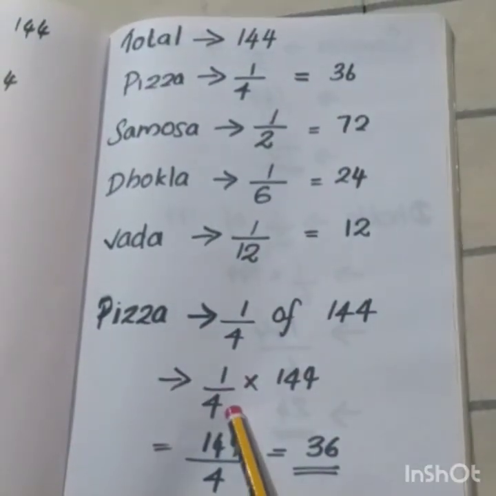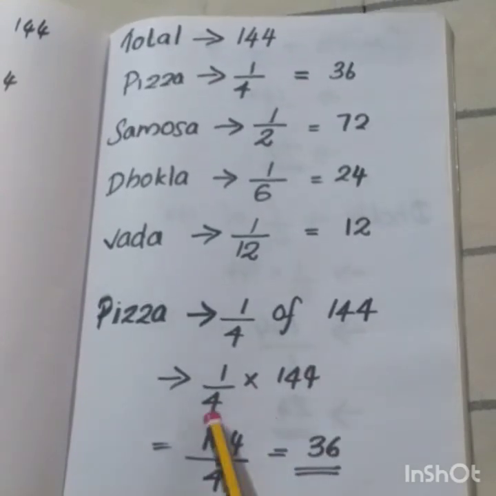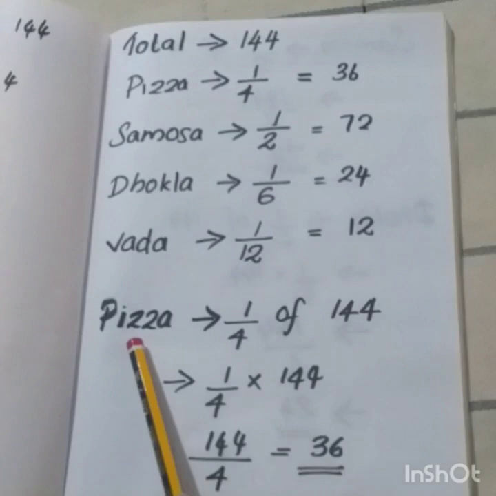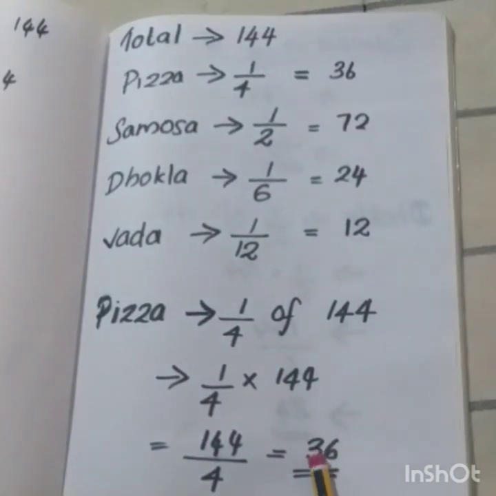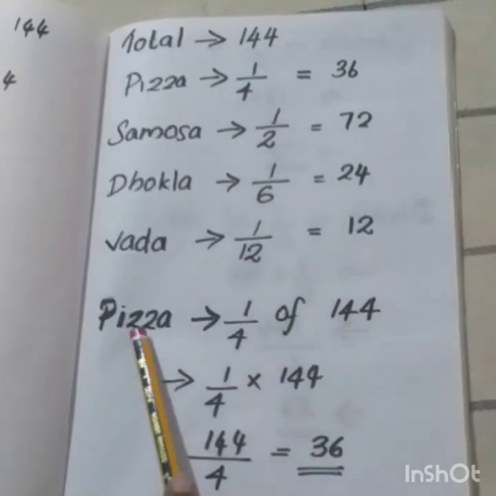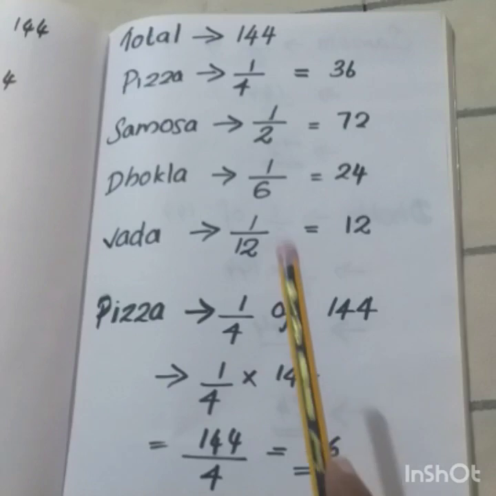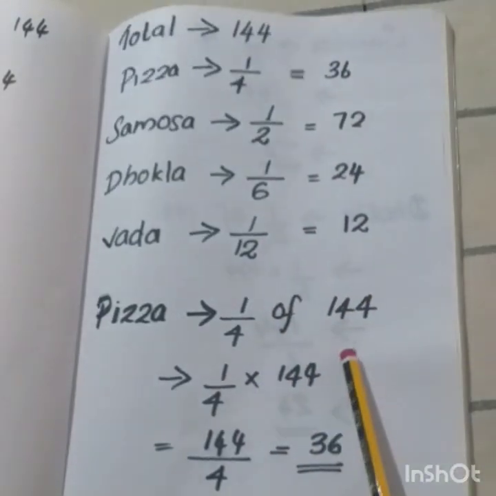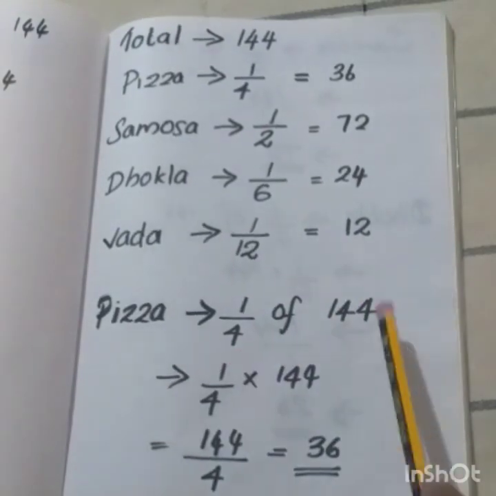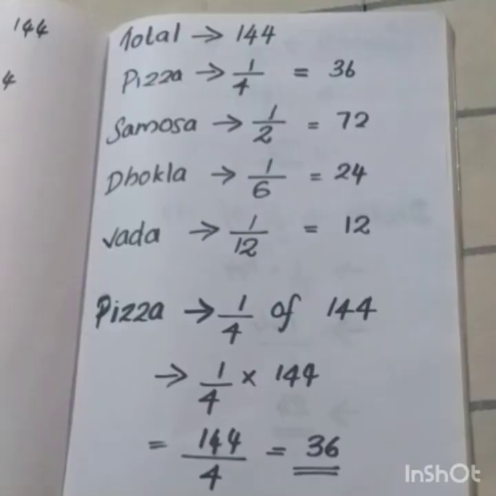So this means 144 divided by 4. Now dividing, you will get 36. That is the number of people liking pizza, 36. So how do we find it? We have the information that 1 by 4 part of the total people surveyed like pizza. What is the total people we surveyed? 144. That is 1 by 4 of 144. Now finding out, we'll get 36 people like pizza.